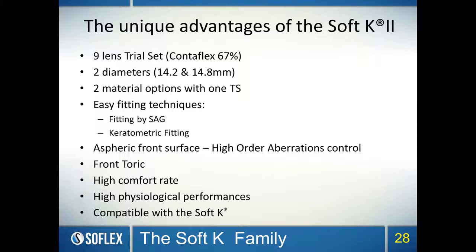Two diameters, 14.2 and 14.8 millimeter, two material options with one trial set, easy fitting technique, fitting by sag and keratometric fitting, an aspheric front surface for high order aberration control, front toric, high comfort rate, high physiological performance, and compatible with the Soft K.